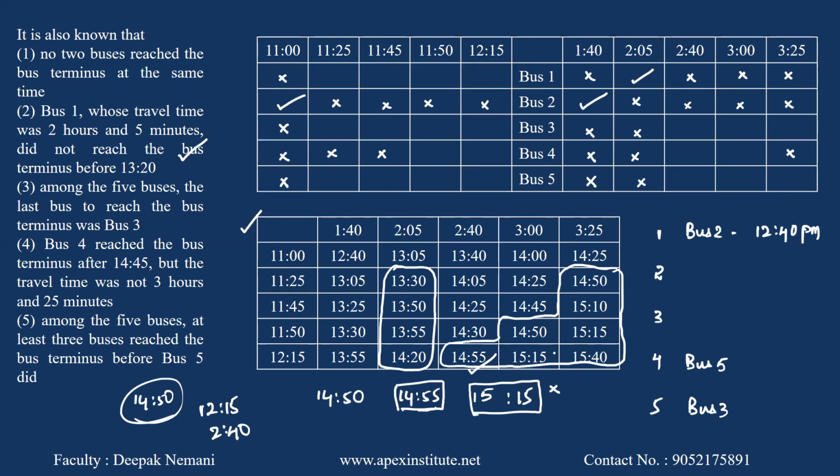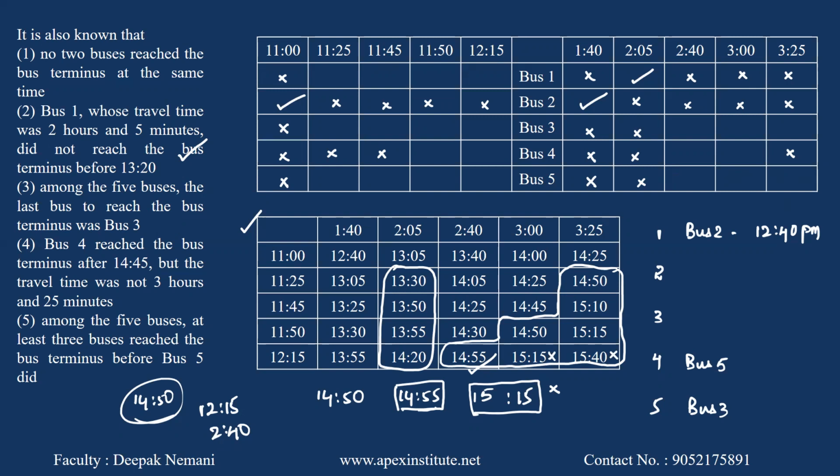Okay, so bus 5 cannot have this, and bus 3 also cannot have it, because you have bus 4 starting at 12:15. So neither bus 3 nor bus 5 can start at 12:15.